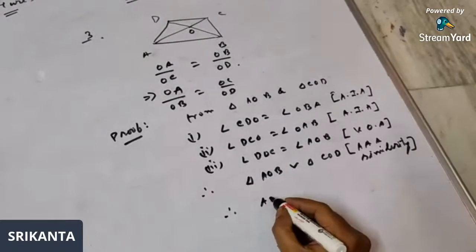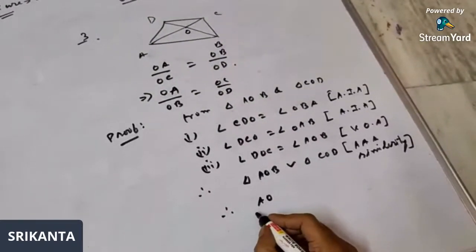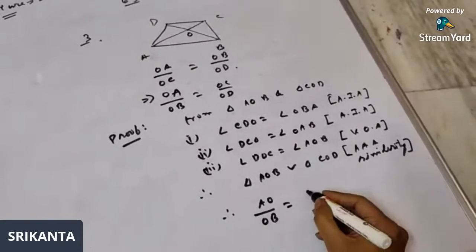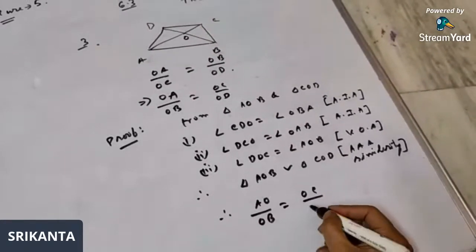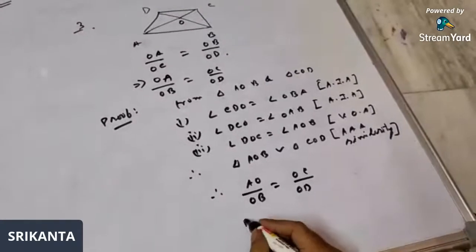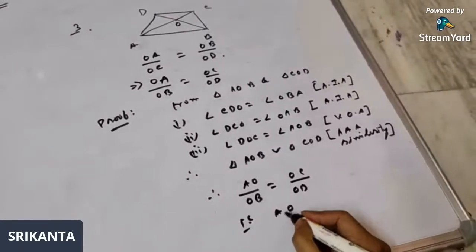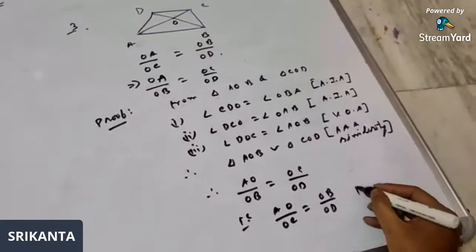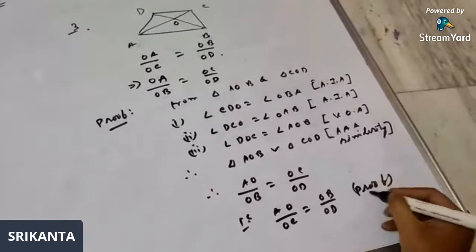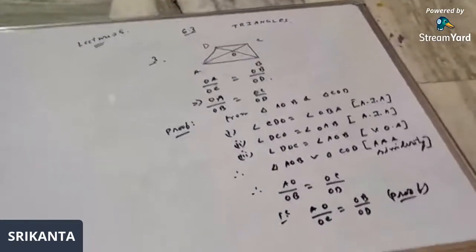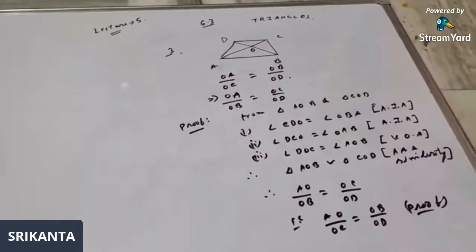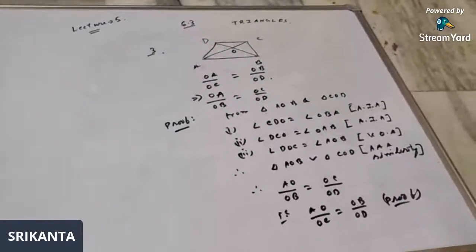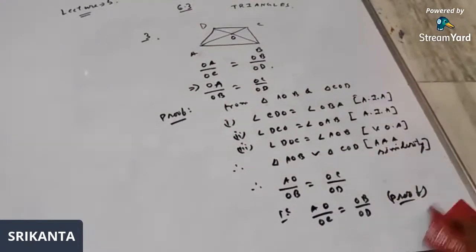So we have AO by OB is equal to OC by OD, that is, AO by OC is equal to OB by OD. This becomes our proof. Okay students, proof becomes very easy. We just need to prove they are similar, right? Okay, let us move on then.